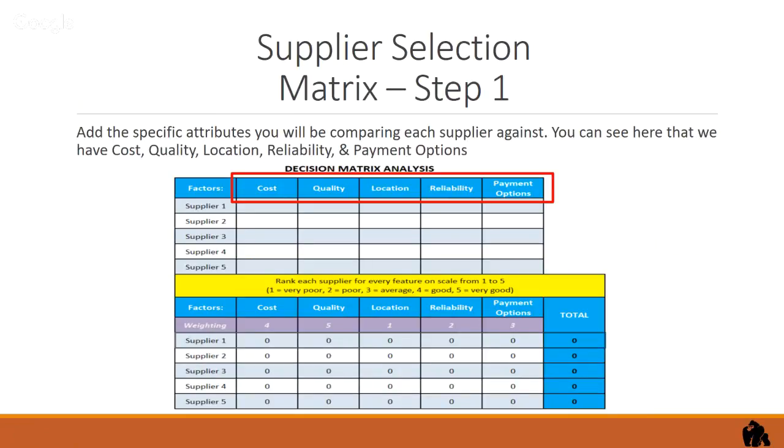So let's have a look at the sheet itself. Now, you need to add the specific attributes you'll be comparing each supplier against. You can see here that we have cost, quality, location, reliability, and payment options. Okay, they're the ones that I'm interested in, but you can change it to whatever you want. But this is a good starting point, all right?